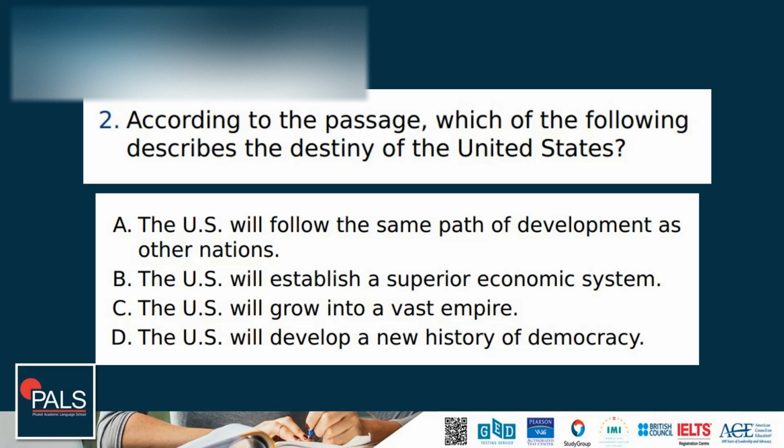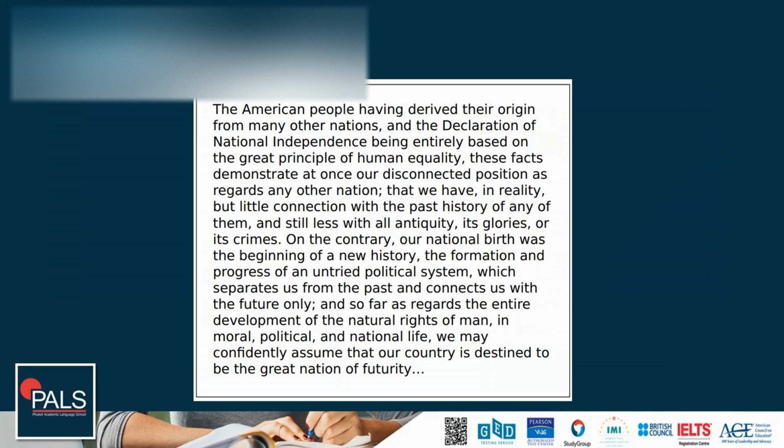So the passage tells us that the U.S. will not follow the same path as other nations. So A is not correct. Although we do believe that the colonists, the new Americans, thought the U.S. will establish a superior economic system, that is not mentioned. So B is not correct. C, the U.S. will grow into a vast empire. Nowhere in this text do they mention the word empire.